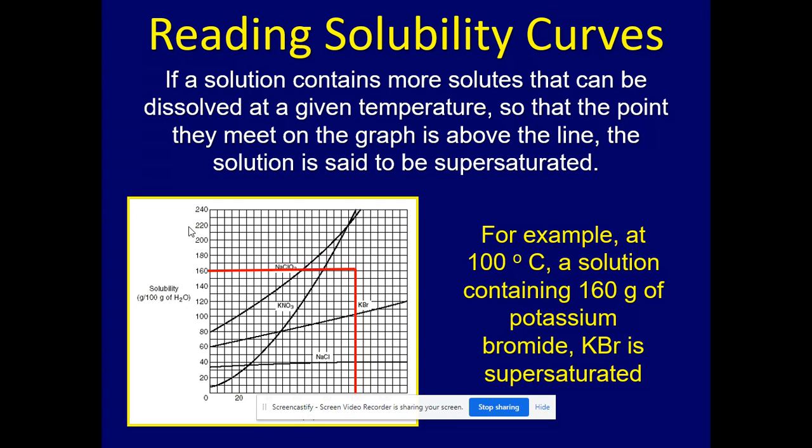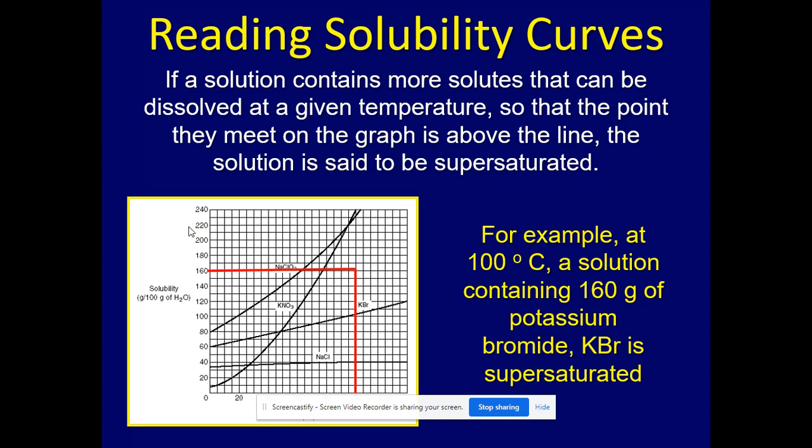Now we're looking for potassium bromide, KBr. We can see the curve for the KBr and see where the point is, and it's above the KBr curve line. So that would be a supersaturated solution.